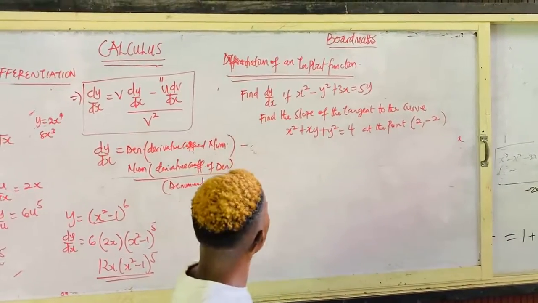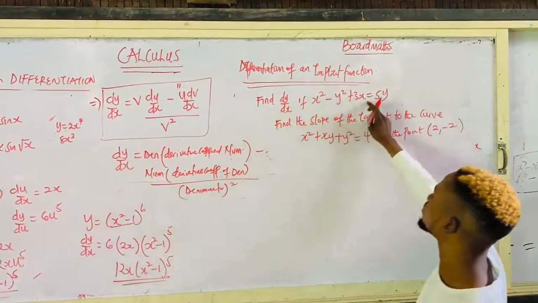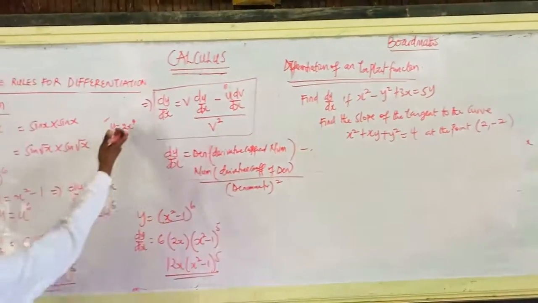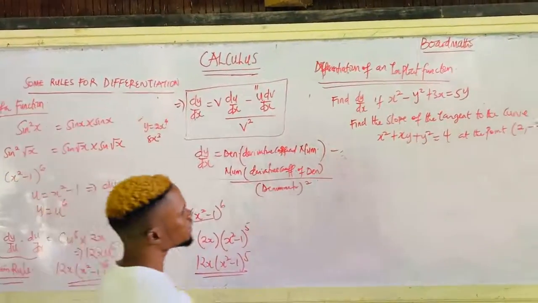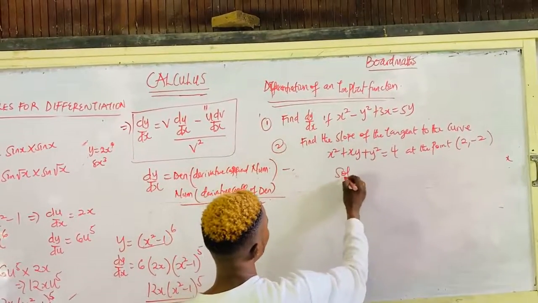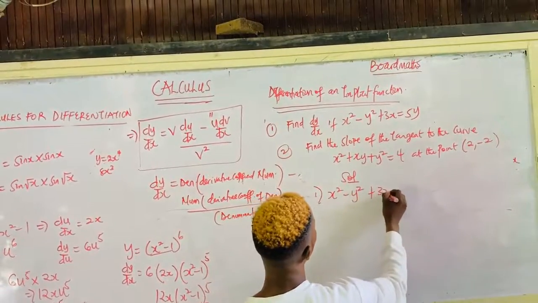Now, how do we find the dy/dx of this? This is x squared minus y squared plus 3x is equal to 5y. Quite different from y is equal to x squared minus 1 or y is equal to 2x raised to power 4. Now, this is the first one.